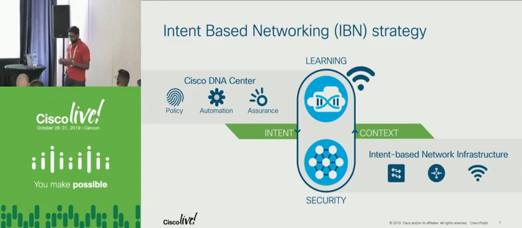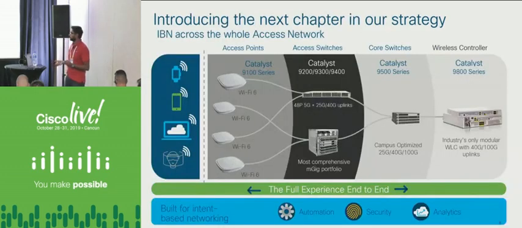Okay, so when you have this intent-based networking strategy, wouldn't it be nice if all the network elements involved in these configuration steps actually have the same base operating system? And with that logic in mind, the Catalyst 9200, 9300, and 9400 access switches, along with the 9500 core or aggregation switches, came into fruition.